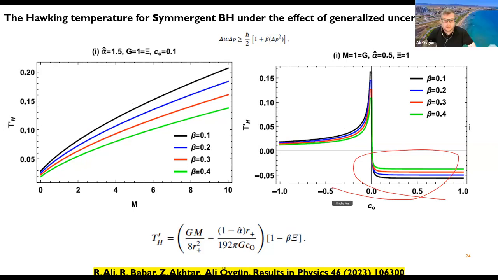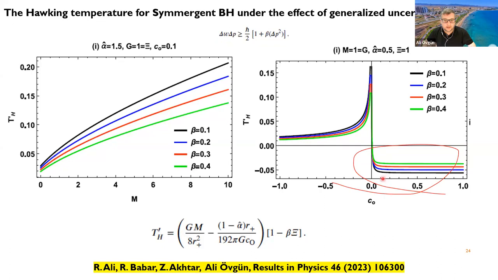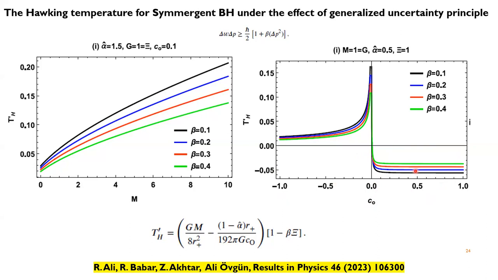Yes, if you take this C0, it's positive. Unfortunately, you can find the Hawking temperature negative. A negative Hawking temperature is not a very common thing, but when you look at the Hawking temperature from wormholes, you can find this kind of thing. Normally temperature can only be positive, right?